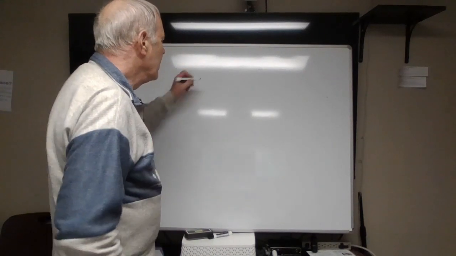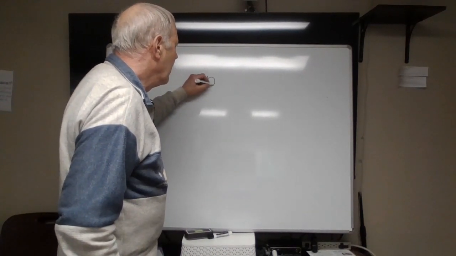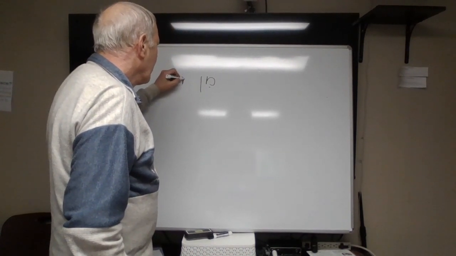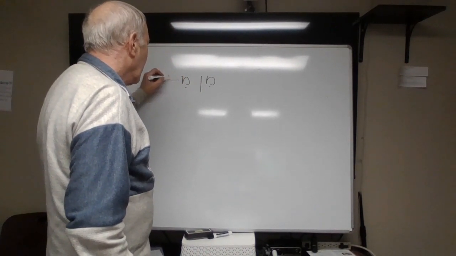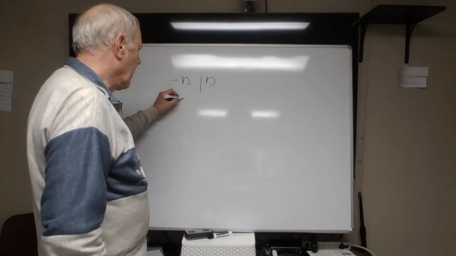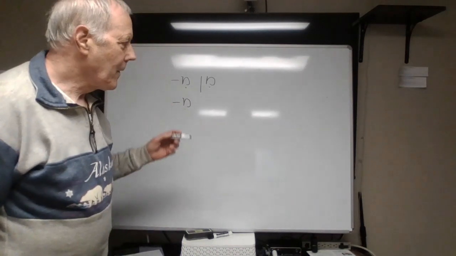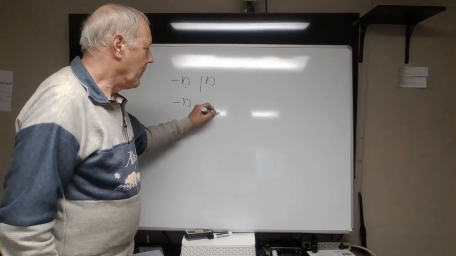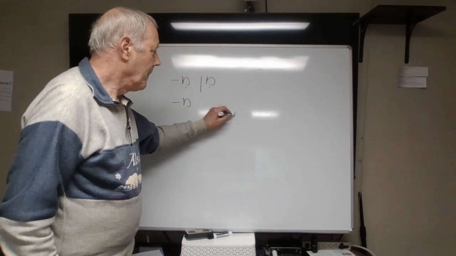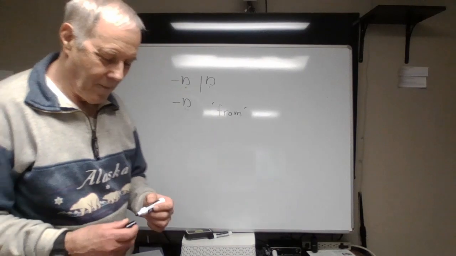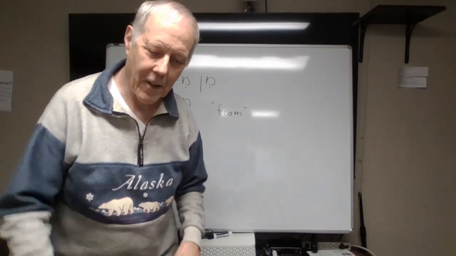So min, or mi as a prefix attached to the beginning of a word, means from. But that's not how we're going to use it. We're going to use it as a comparative, to compare things.